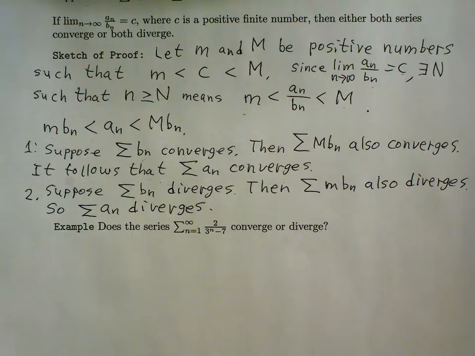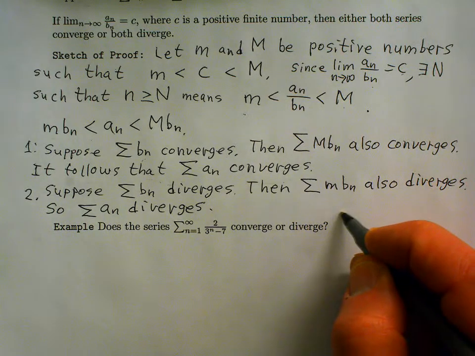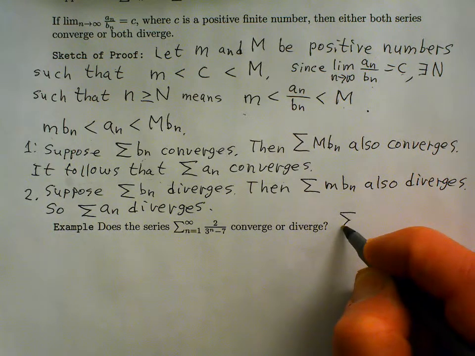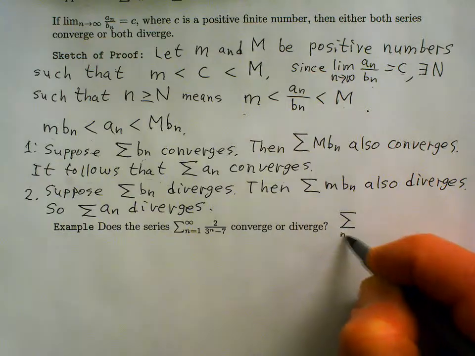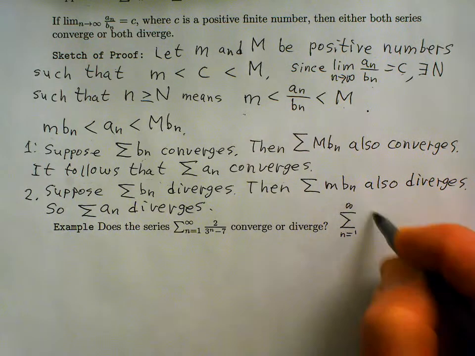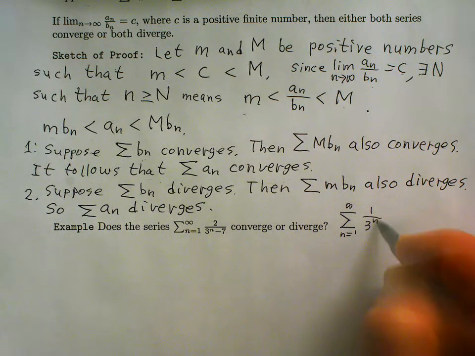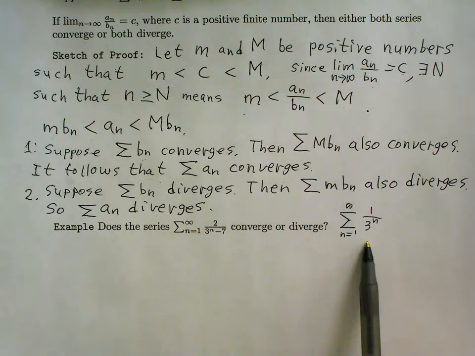But do you have an idea on what series to use in the limit comparison? So there's a geometric series, 1 over 3 to the n. This geometric series converges.